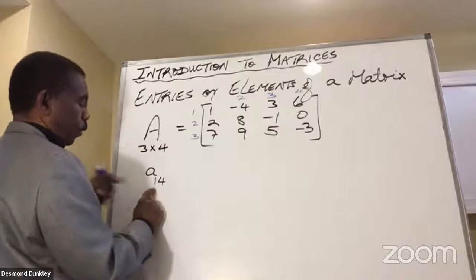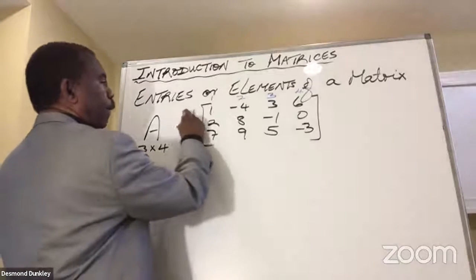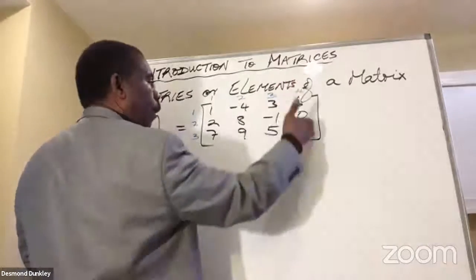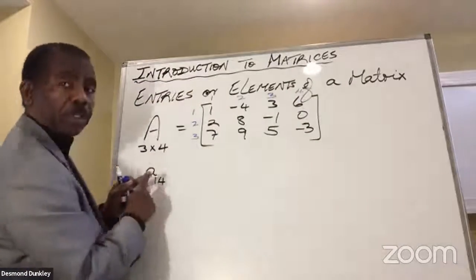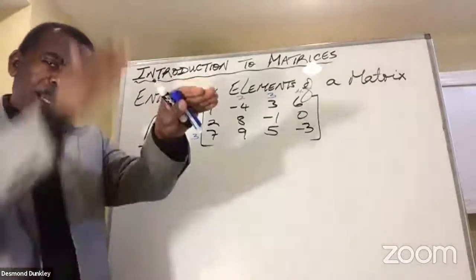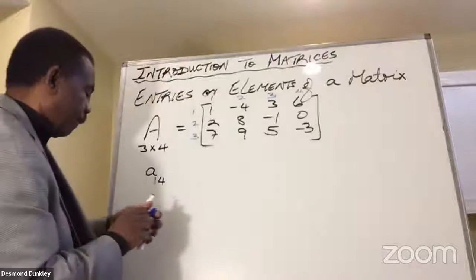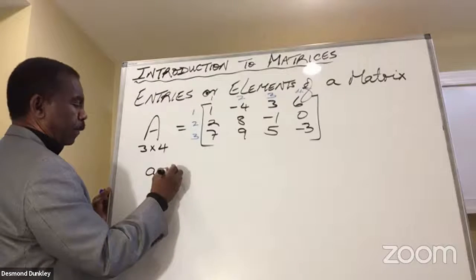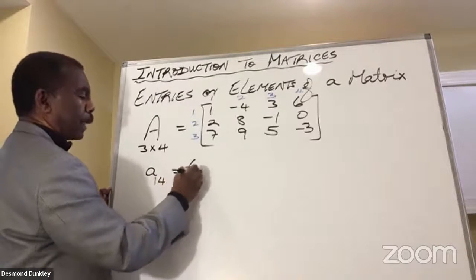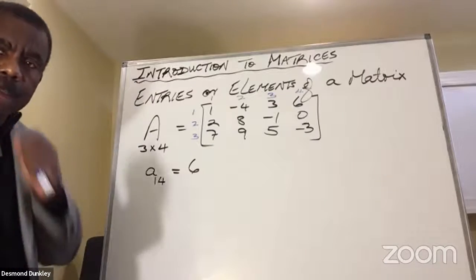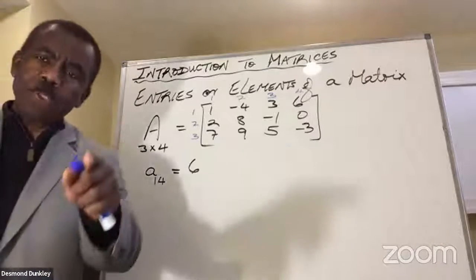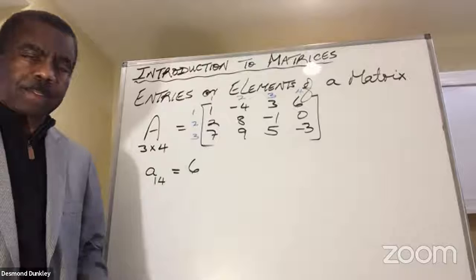We go to the first row and the fourth column. Where do you have an intersection of the first row and the fourth column? The value is equal to 6. So the a14 entry is equal to 6.